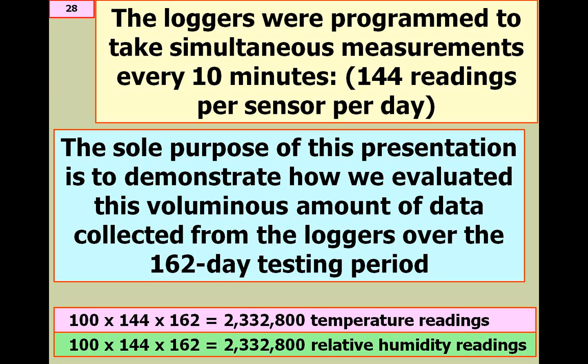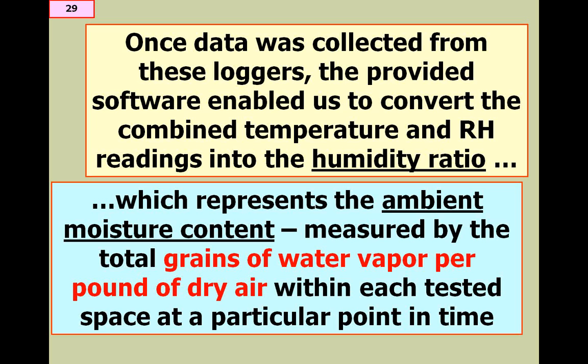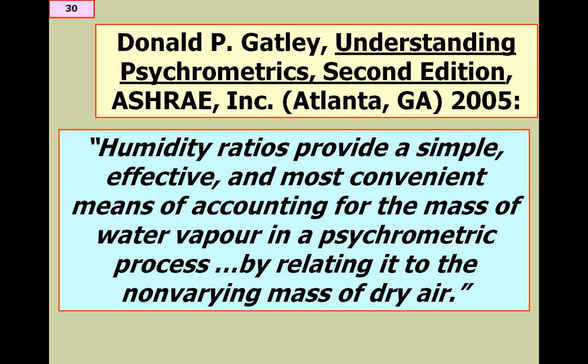Well, identifying the wettest areas of the plywood sheathing or the stucco or the interior gypsum board points us towards where the problem is occurring. So all we've done here with this analysis is we are now measuring the moisture content. It's called the humidity ratio technically, but consider it the ambient moisture content of the air, and then we're going to track the changes in the ambient moisture content of the air over time.